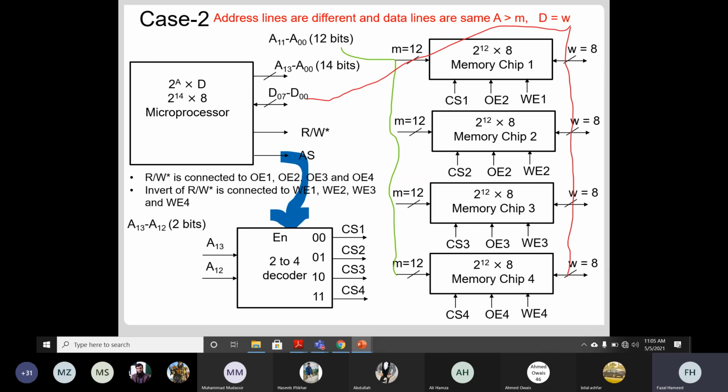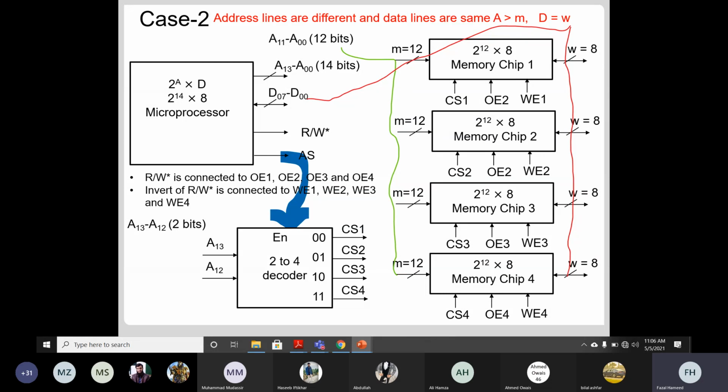नहीं समझे बेटा? What does CS1 stand for? Chip select. Chip select 1. Okay.